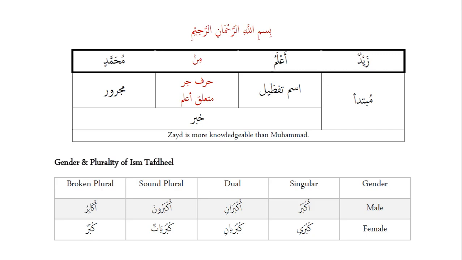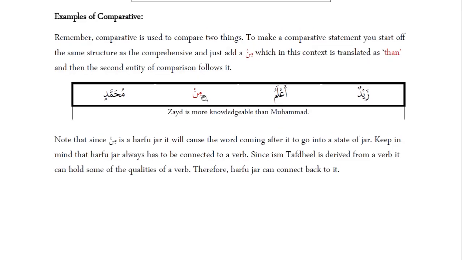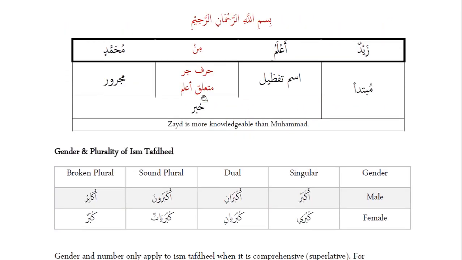One thing that you want to keep in mind is that since ismut tafdil and all the other derived nouns are derived from verbs, they can actually hold the quality sometimes as verbs. We've seen them before with ismul fa'il and so forth, where they act like a verb in place of a verb.